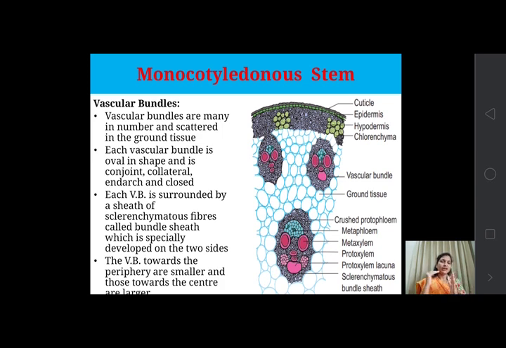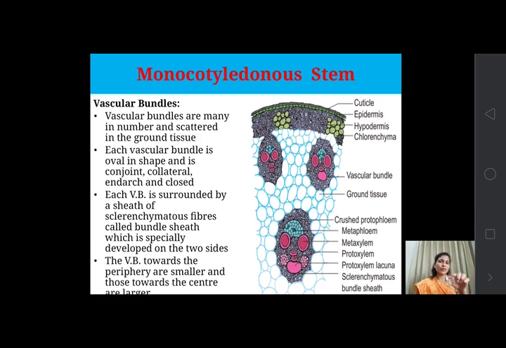Now you can see in the picture that each vascular bundle, with its xylem and phloem, is surrounded by a covering made of sclerenchymatous cells.